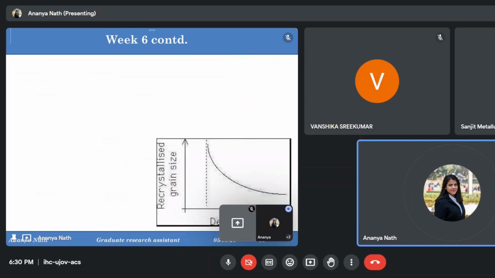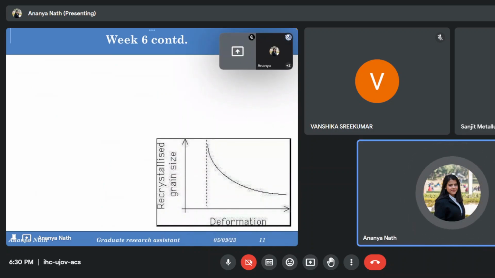Next is this picture that I got. As I said, this is the prior deformation which is needed for the material to start the recrystallization. After that, as we increase the deformation, the grain size is decreasing, right?